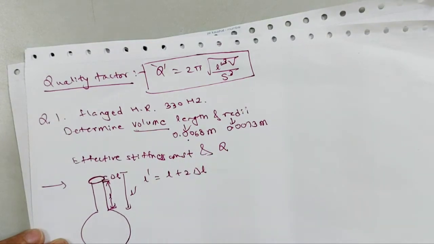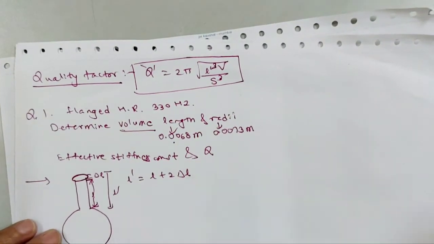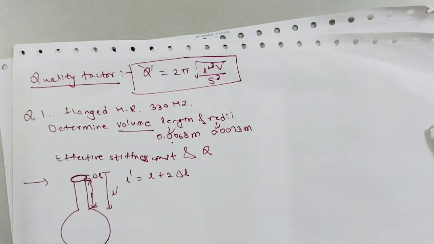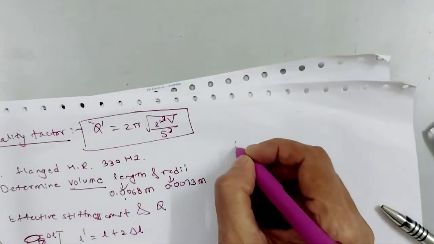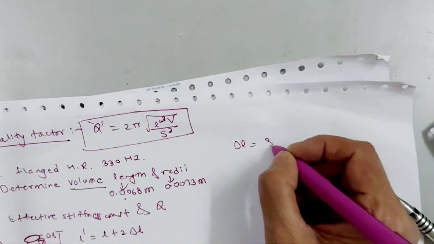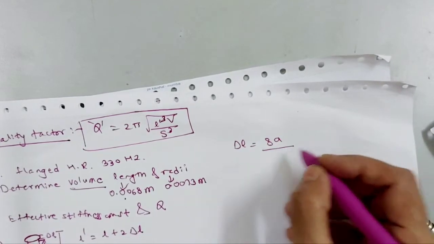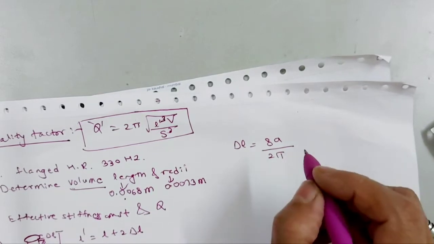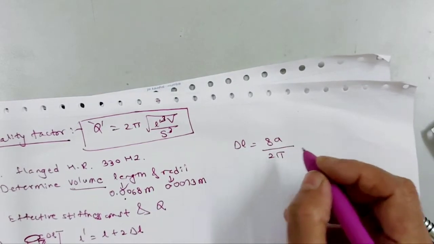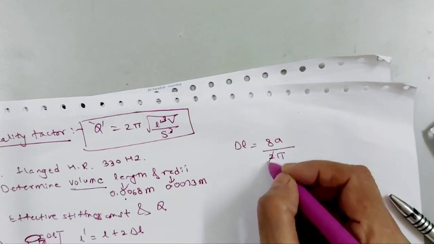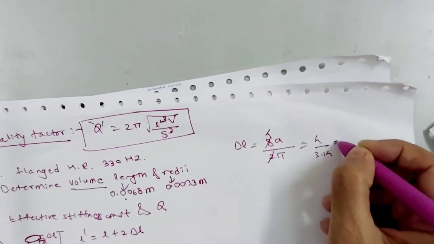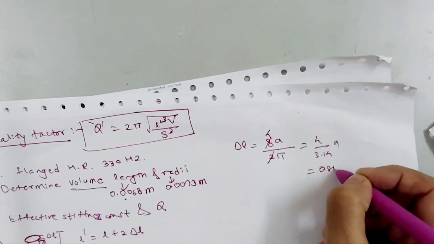Okay, now one more thing. Last time when I taught you how to get the length formula, I told you that the formula for ΔL is 8a divided by 2π. Till yesterday nobody had said that 4 divided by 3.14 can't be 0.85.